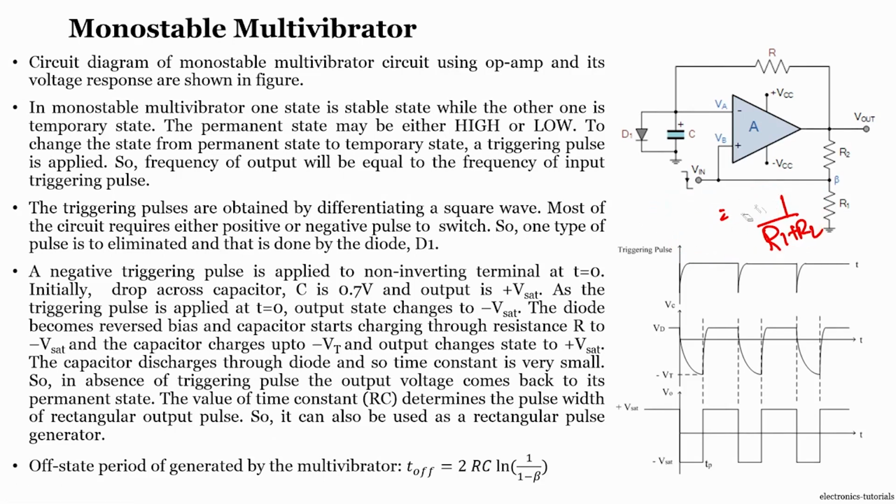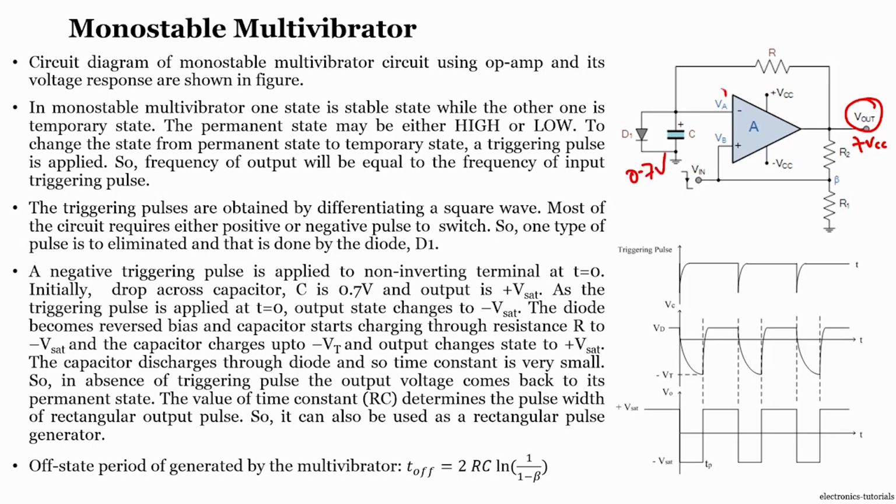Now, we will assume that V out is plus VCC. The capacitor will try to charge till plus VCC, but because of the diode, it will charge only till 0.7 volts.